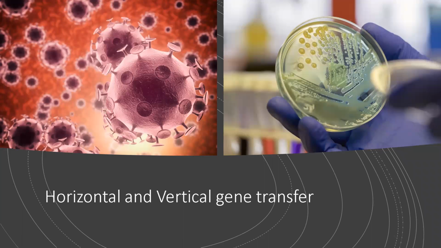So what fuels antibiotic resistance is horizontal and vertical gene transfer. Bacteria that have become resistant to these antibiotics can transfer that resistance to their progeny when they're growing and reproducing, or they can also do it through horizontal gene transfer to neighboring cells.